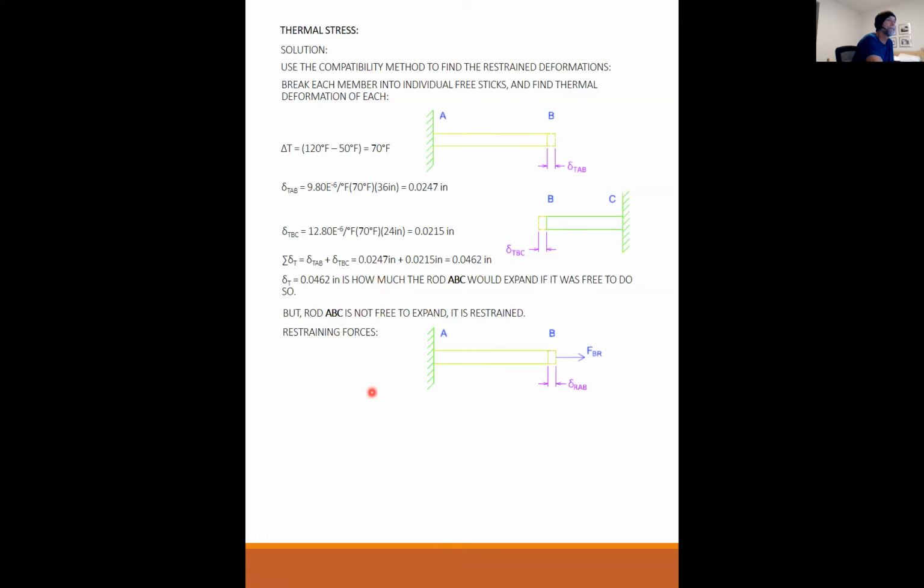If I take a free body diagram of AB again, I have this force in rod AB, the force at B, and it's R for restraining force. And I have a delta RAB, the delta due to the restraining force in AB. Delta RAB is not equal to delta TAB necessarily.